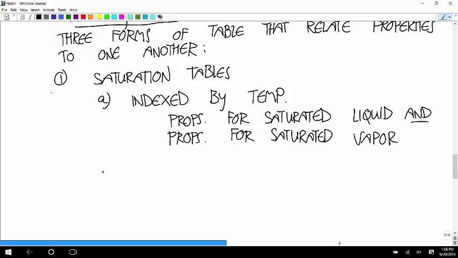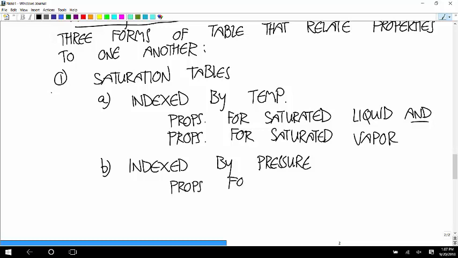And then the second type is going to be indexed by pressure. And this is going to have the same information, properties for a saturated liquid and properties for a saturated vapor.